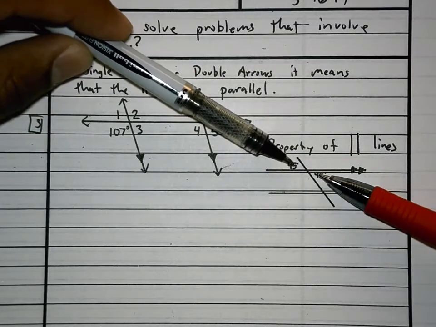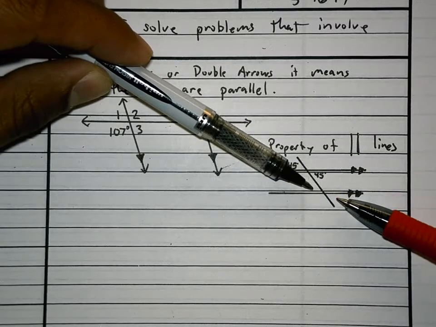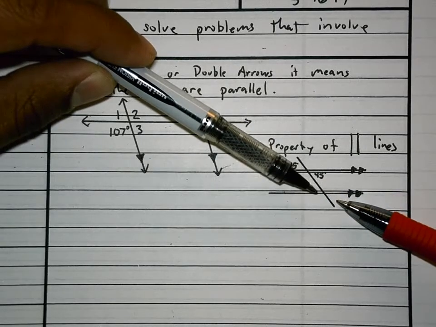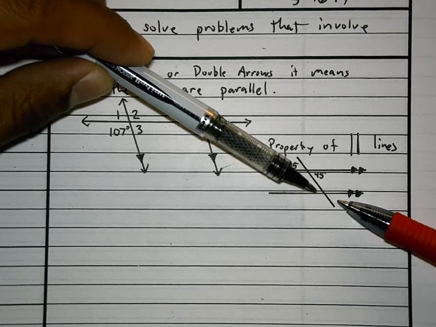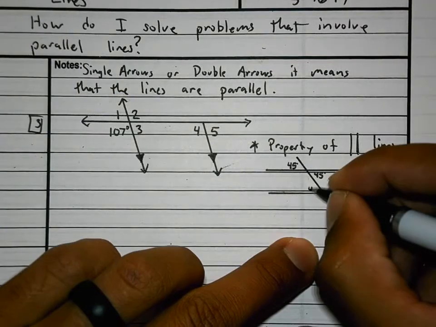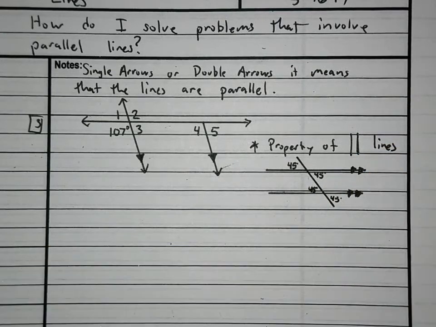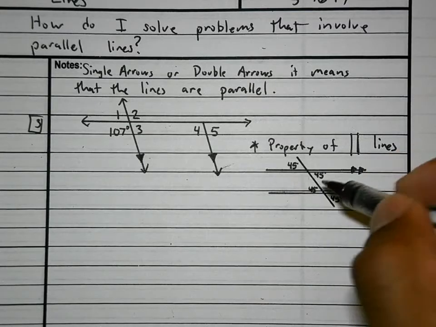It's a property. 45, 45, I slide down the transversal, the bottom right, the top left have to be 45 and 45. So I can automatically put in here 45 degrees, 45 degrees. They are all congruent to each other. Does that make sense to you? That's what you're going to have to apply to all the problems that you have today. So 45, 45, 45, 45.